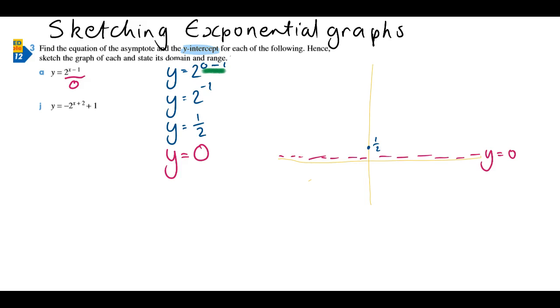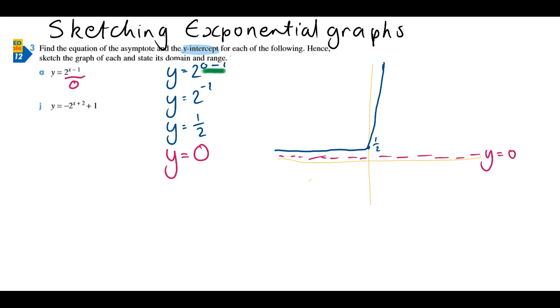So it's going to start up here. Then as it gets really small in the negative, it's going to hit that asymptote. So it's going to look like that. Okay, and that's 3a.